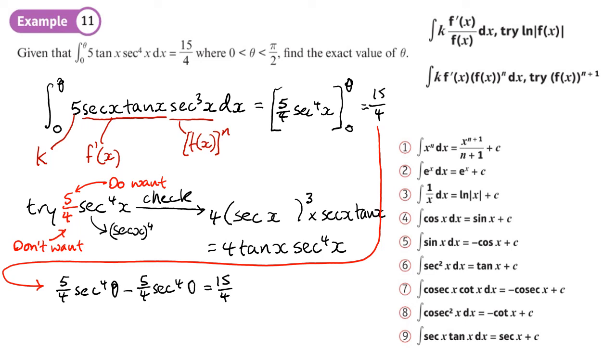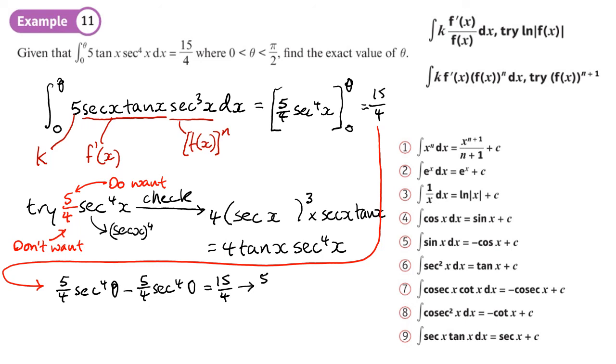That's a 0 there. Now sec is the reciprocal of cos, so to help us work out this bit, we'd work out cos 0 and do that to the power 4. Now cos 0 is 1, reciprocal of 1 is 1, so all of this bit makes 1, so that means that the second bit just becomes 5 over 4.